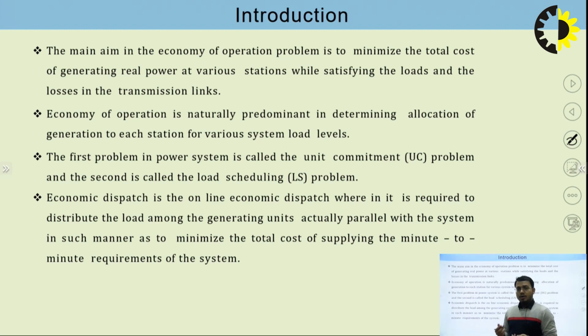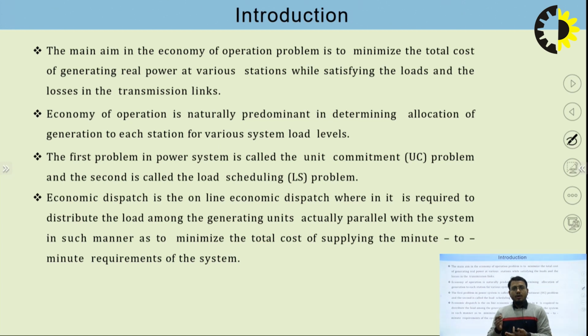Now how much power is required for generation? It must be equal to the load demand. Whatever the load is demanding, that much power has to be generated by the system. Generation basically deals with transmission losses, power demand, and reserve capacity.